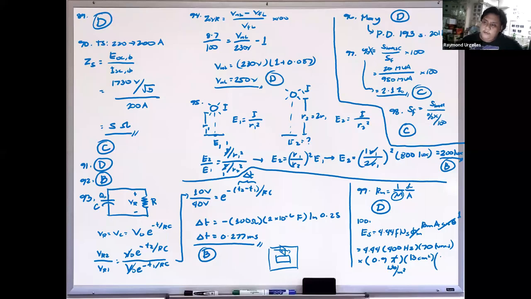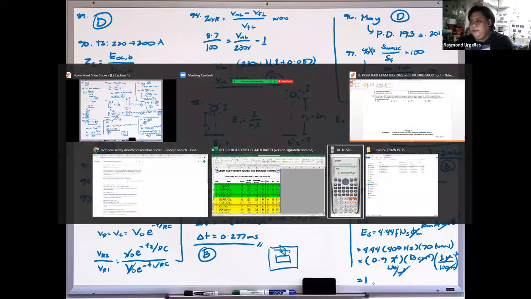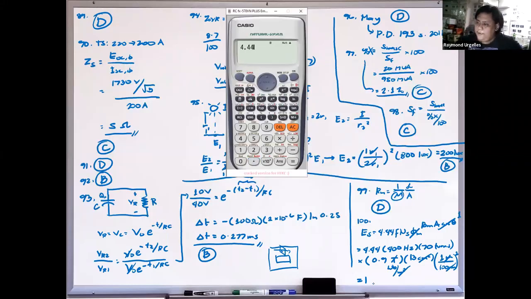Let's convert this: 1 meter for every 100 centimeters squared. The square centimeters cancel, leaving Webers per second, or volts. Solving, we have 4.44 times 400 times 70 times 0.9 times 13 divided by 100 squared.